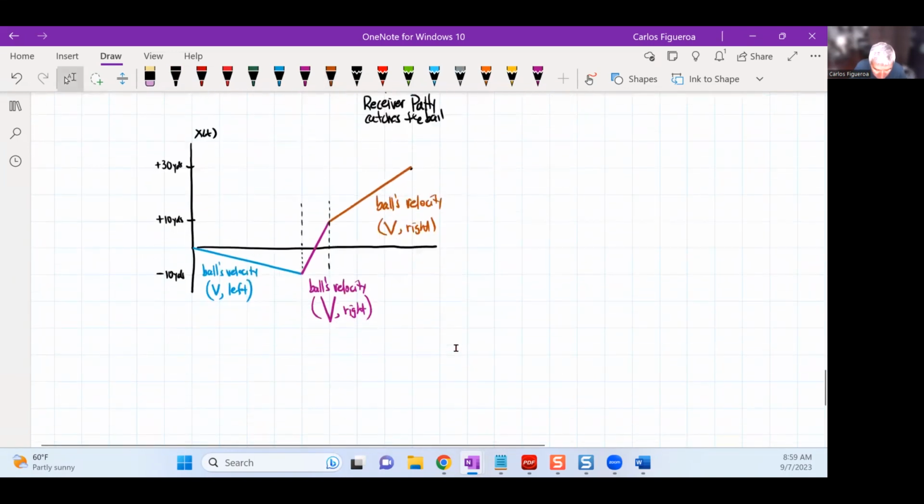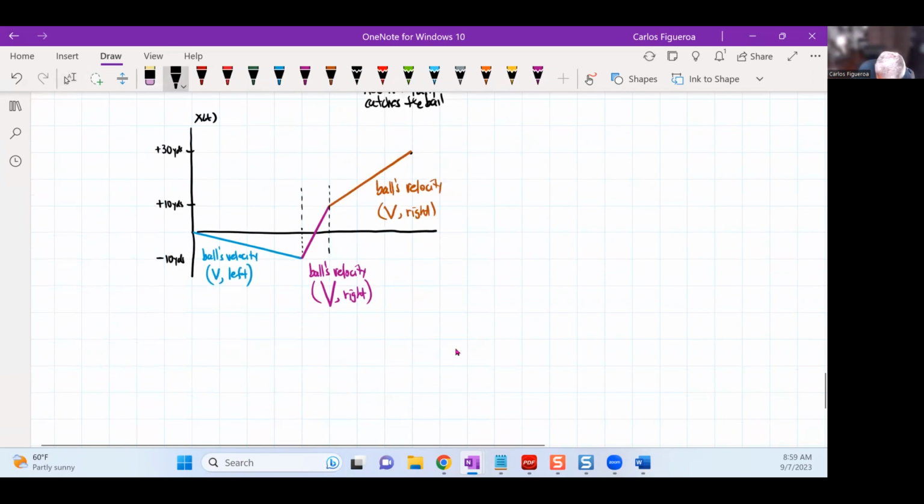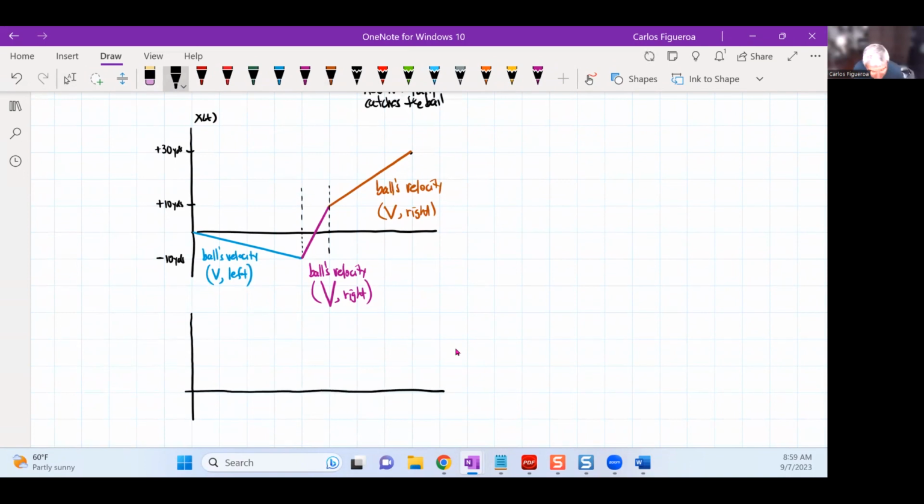So now if I look at my velocities, what do I see here? Well, the blue velocity is negative. So I have to show that. So if it's negative, you can see here that I'm going to come down here and continue to draw my lines to show my intervals right in here.